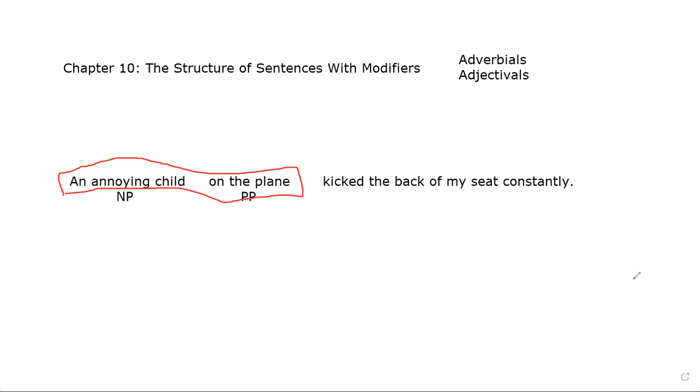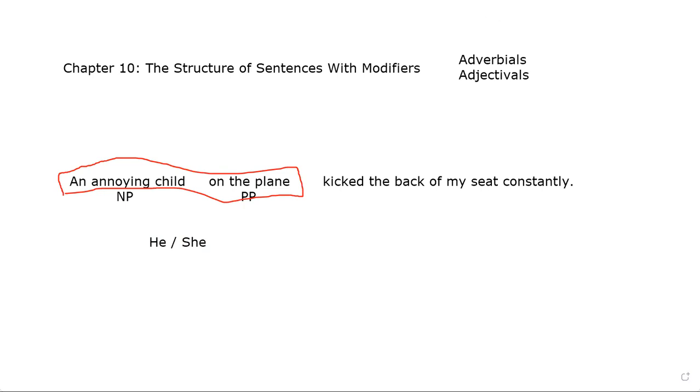Who is the subject of the sentence, right? And we can see that if I take the noun phrase, the subject of the sentence, and replace it with a pronoun, I don't know if this child is a little boy or a little girl, but I can substitute a he or she in there. The he or she would not replace the noun phrase an annoying child.